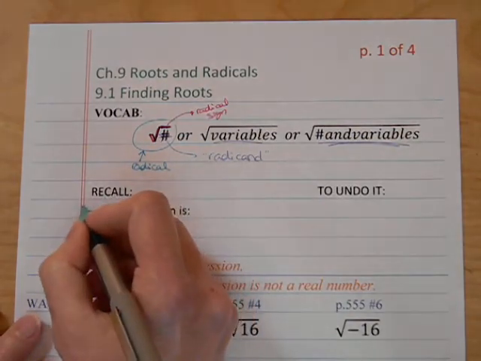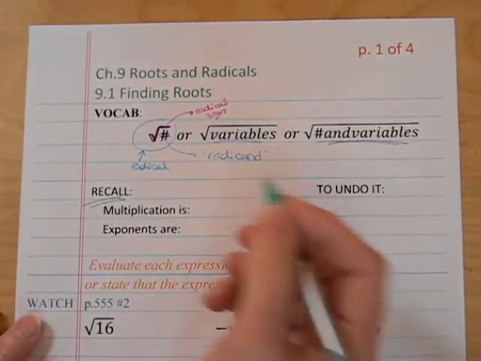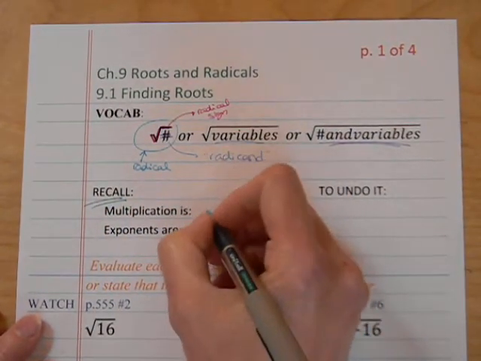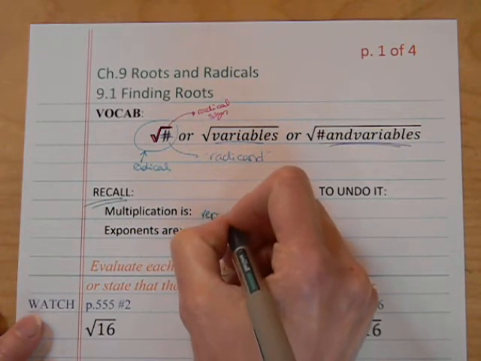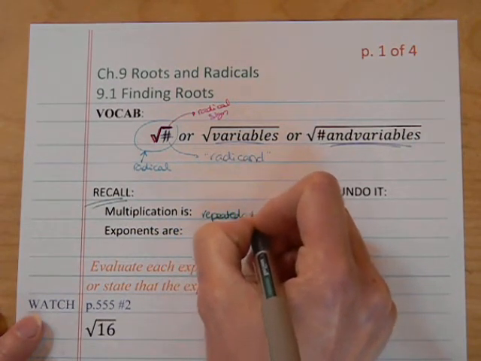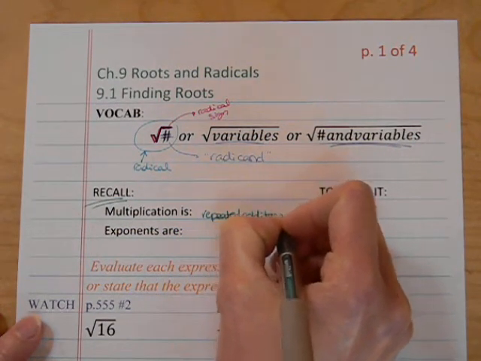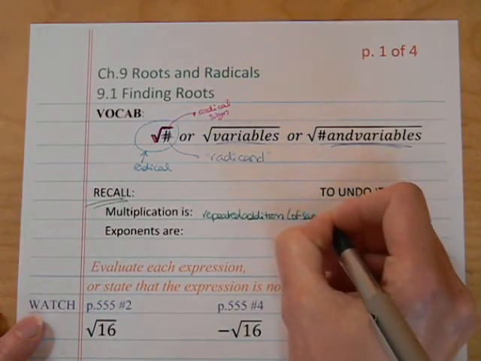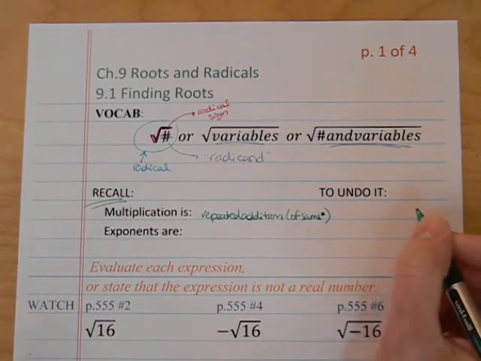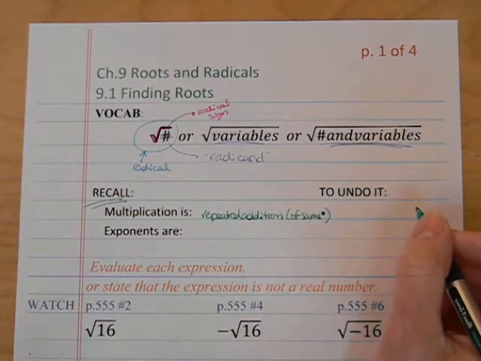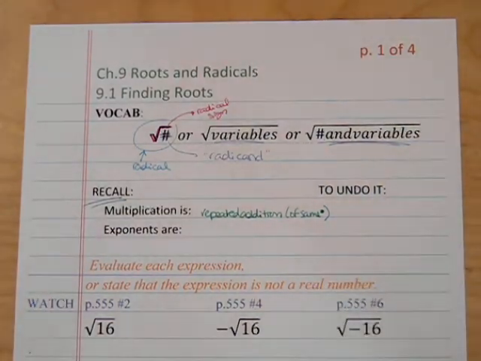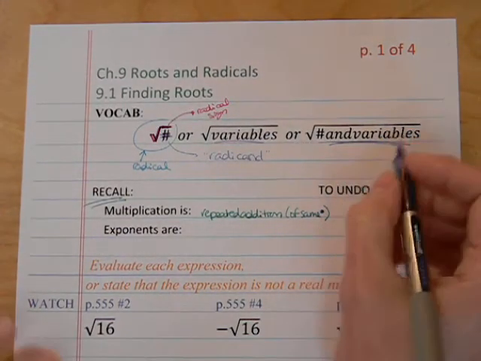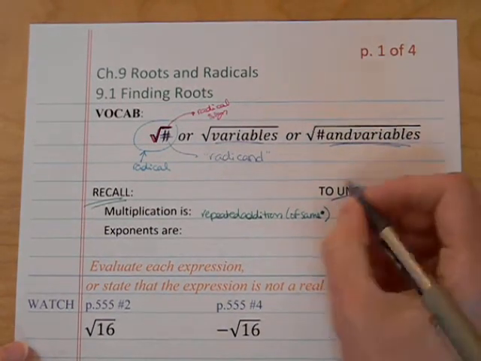So let's do a little bit of review here. We recall that multiplication is really repeated addition of the same number. 3 times 5 is 3 groups of 5. It's 5 added together, 5 plus 5 plus 5, 3 times. So that's what multiplication is. And to undo multiplication, we learned an opposite operation.